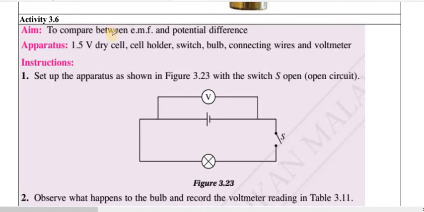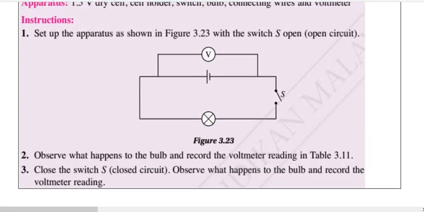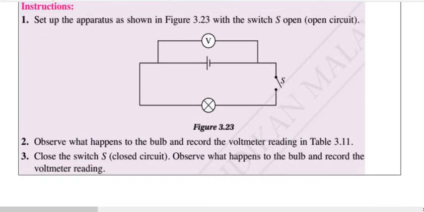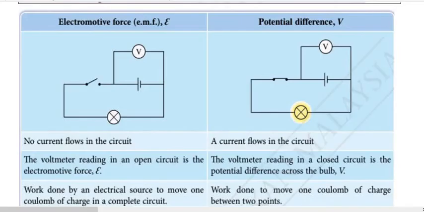Now, to compare between electromotive force and potential difference, let's look at this. We want to compare them because both the electromotive force and potential difference have the same unit, which is volt. Electromotive force is also work done or energy per charge.